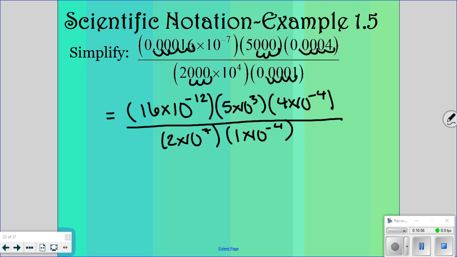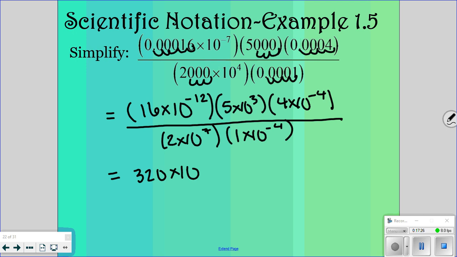And then again, just like on the last one, we want to get one number in the numerator and one number in the denominator. So we're going to do 16 times 5 times 4. And that'll give you 320 times 10. And we have negative 12 plus 3 minus 4.